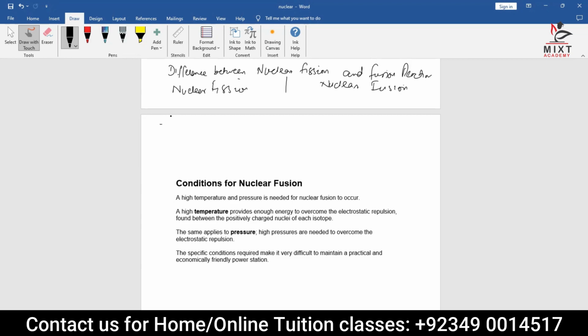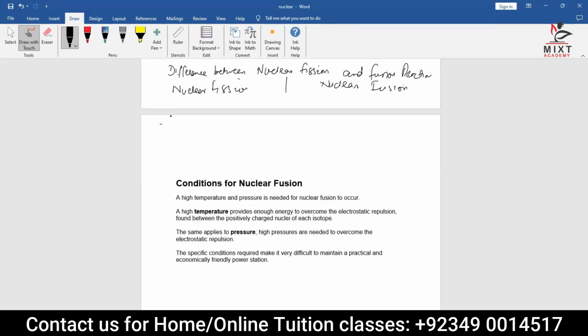Ibrahim, what is the first difference between nuclear fission and fusion reaction? First difference, the basic difference. In fission the nuclei split apart, and in fusion they come together.